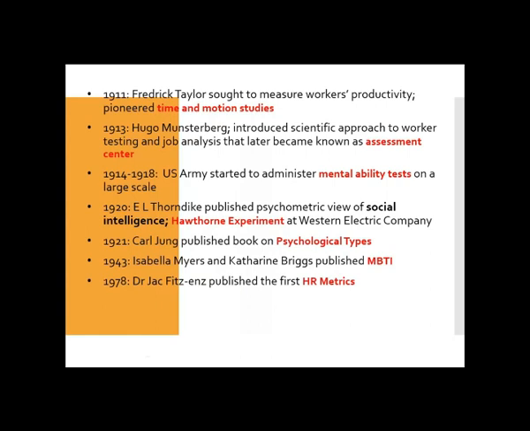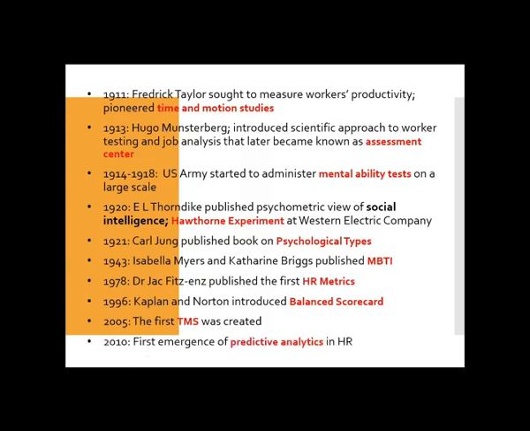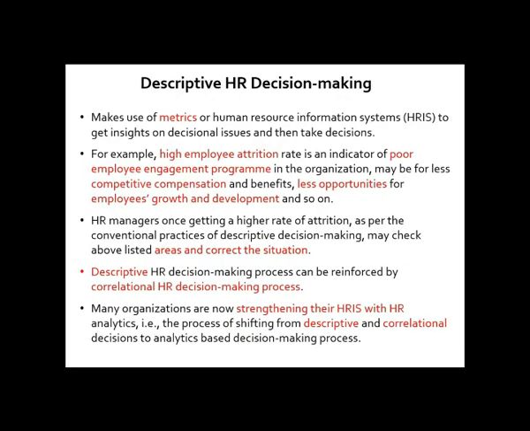In 2005 we came across talent management systems. Then in 2010 we started predictive analytics, which became very popular when Jac Fitz-enz published his book on predictive analytics in HR. I have a soft copy of this book, which I will show, the beginning of your HR analytics.